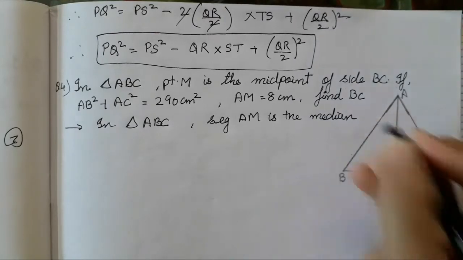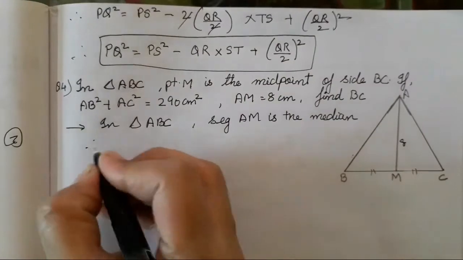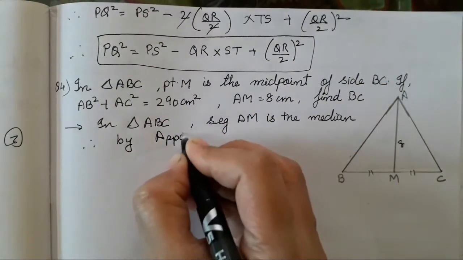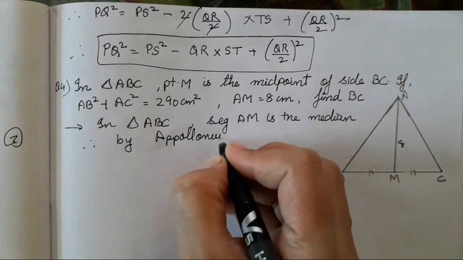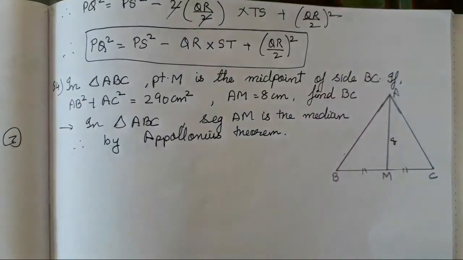Children, whenever we are talking about median, one thing is for sure, we have to use Apollonius theorem. This is not going to change in any condition. That is the point that you all have to remember.